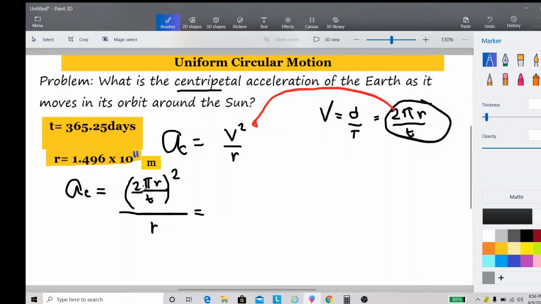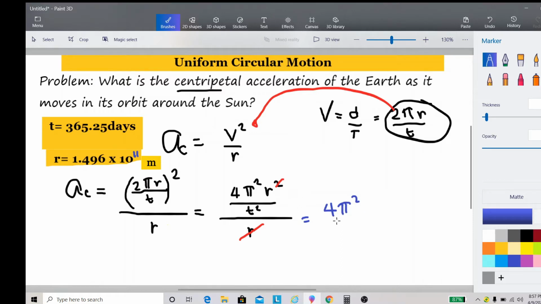So we square each term: 4 pi squared r squared over t squared, all over r. We cancel this r with one r there.